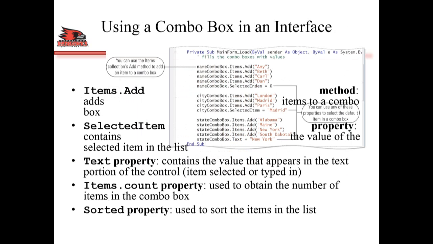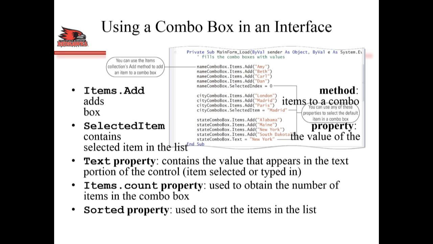Other than that, there is the items.count property, which gives you the total number of items in the combo box. There is the sorted property, which can be used to sort in dictionary order all the list items in the combo box.